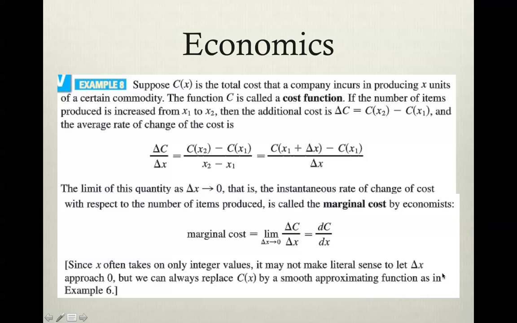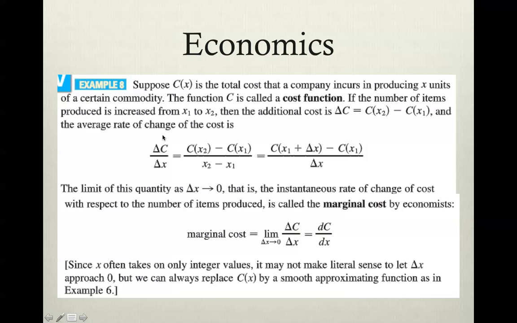So what about economics? Suppose C of x is the total cost that a company incurs in producing x units of a certain commodity. The function C is called a cost function. Here, the number of items produced is increased from x1 to x2, and the additional cost, change in cost, equals C of x2 minus C of x1, and the average rate of change is as shown below from applying a previous formula.